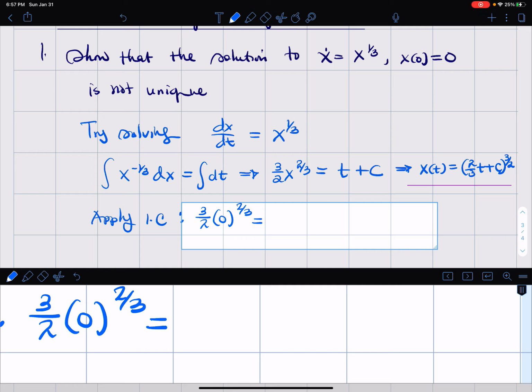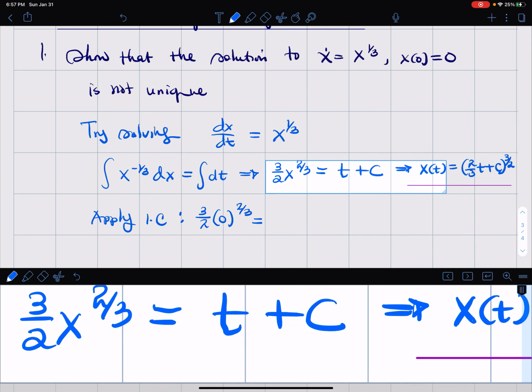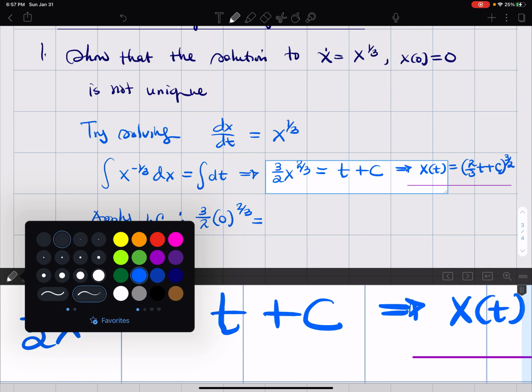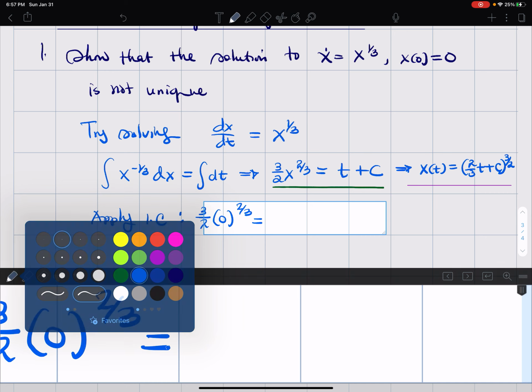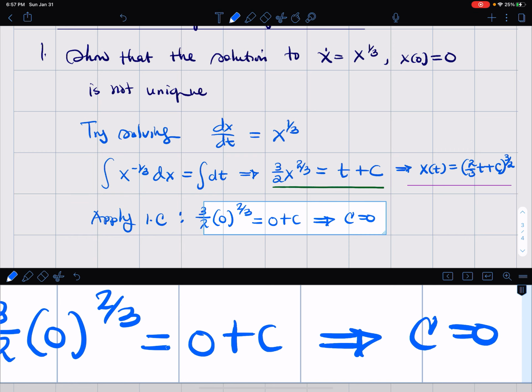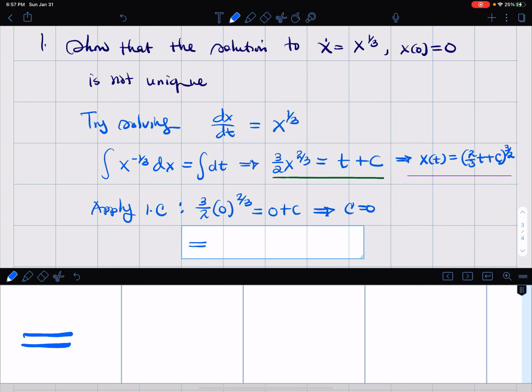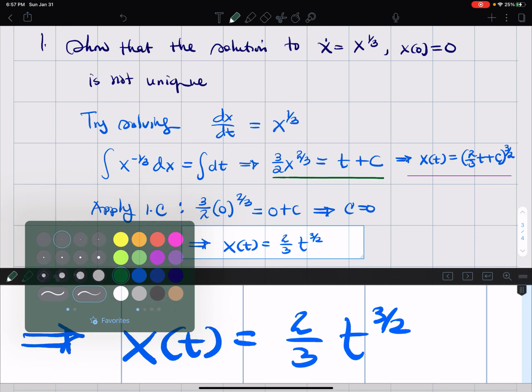I'm just using this part, to be honest. So that is 0 plus c. So this just tells us that c is 0. So that actually just means that our solution is (2/3 t) to the power of 3/2. So that's our solution.